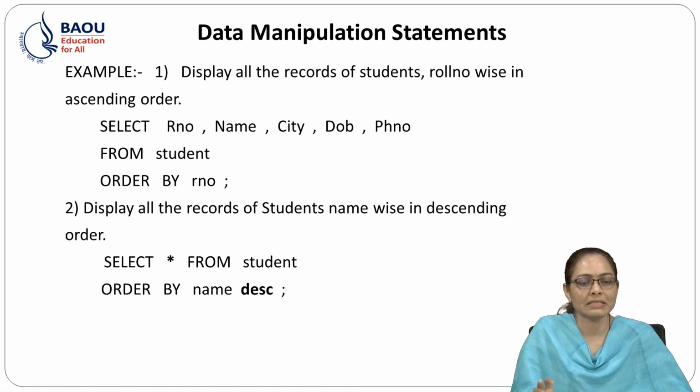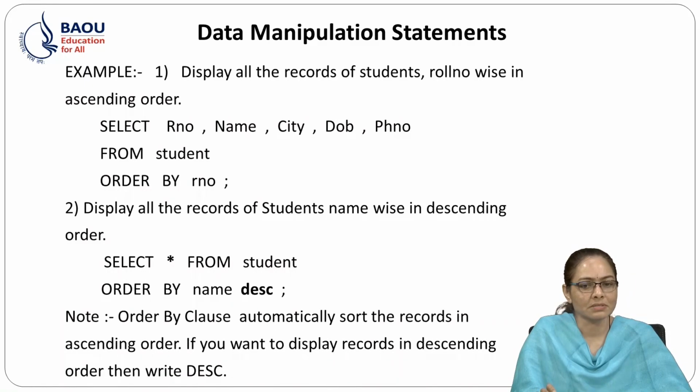And we display in descending order, so after that, we write the DESC. Then semicolon. In the first example, we see roll number wise. So we write order by roll number, RNO, order by RNO. So this first one displays roll number wise. The second one displays name wise. So order by name.